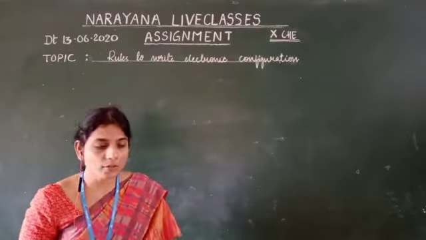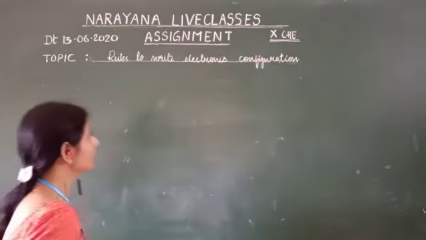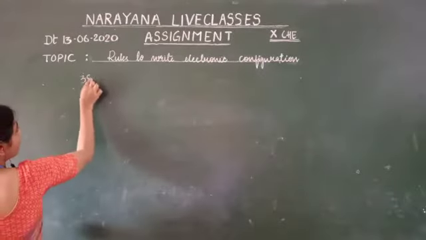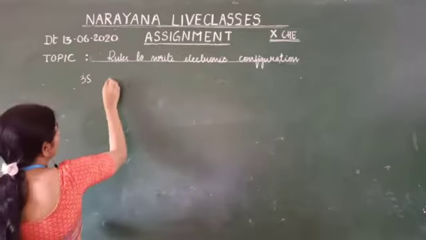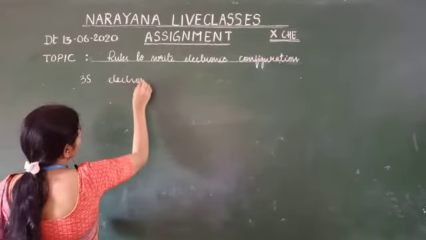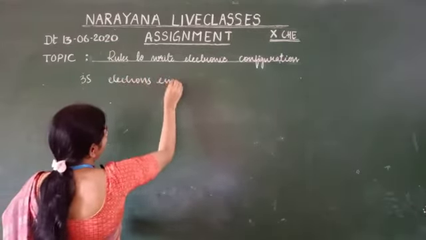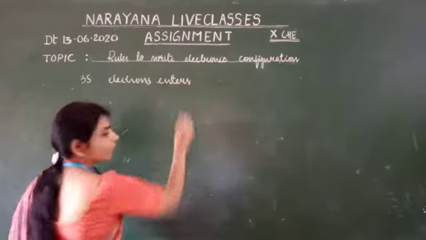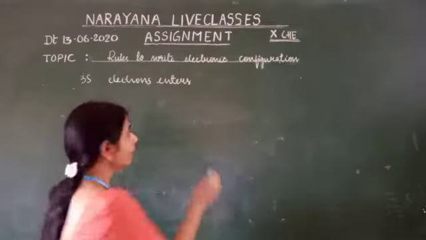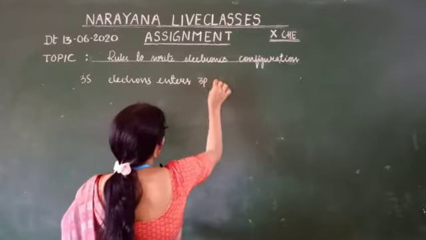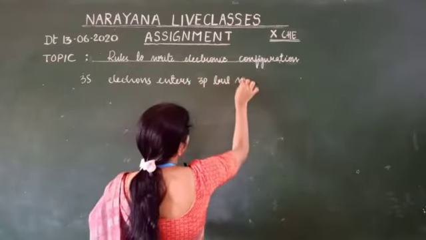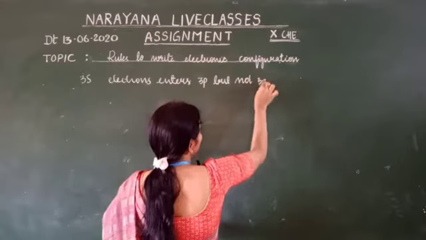So coming to the first question: after filling the 3s orbital, electrons enter 3p but not 3d.